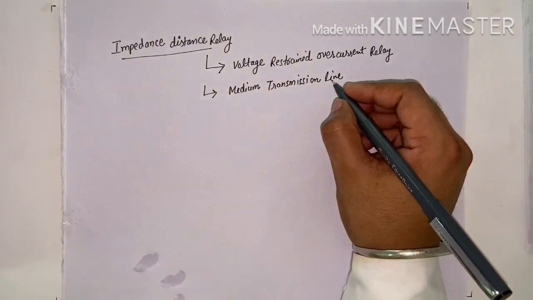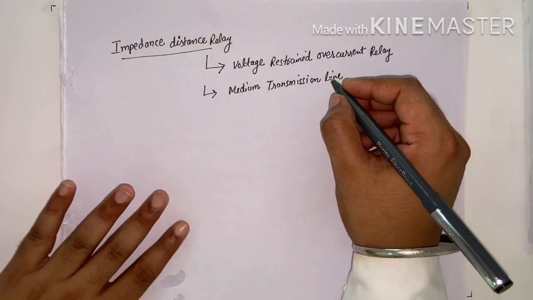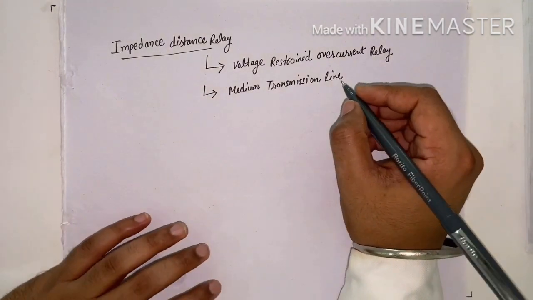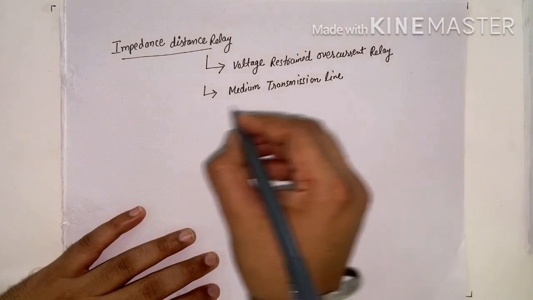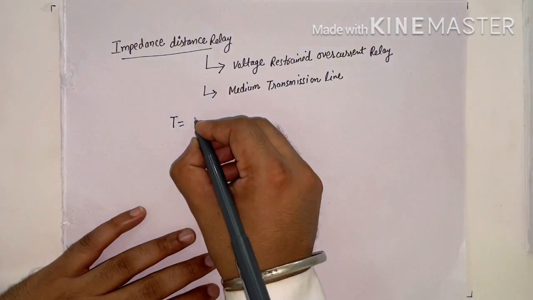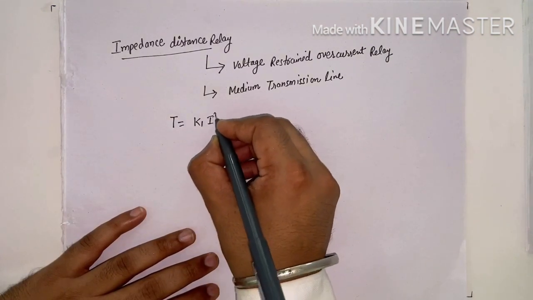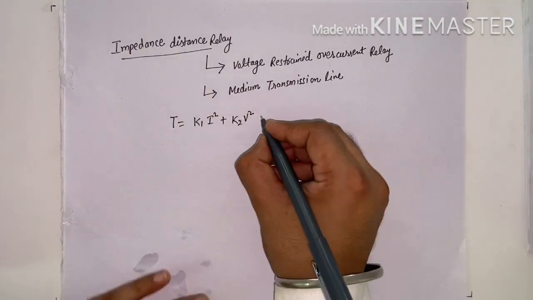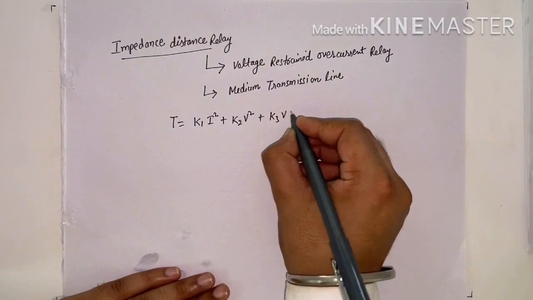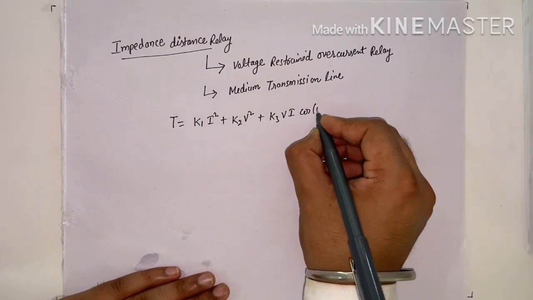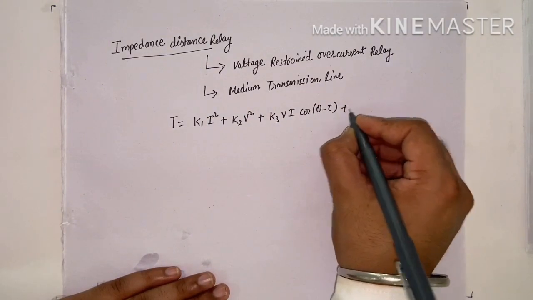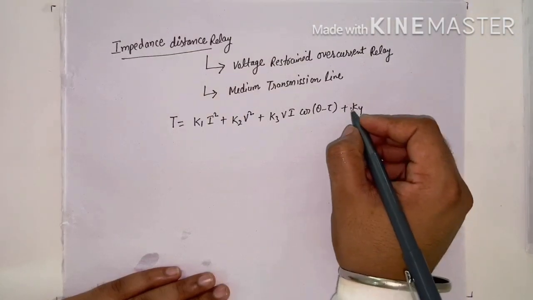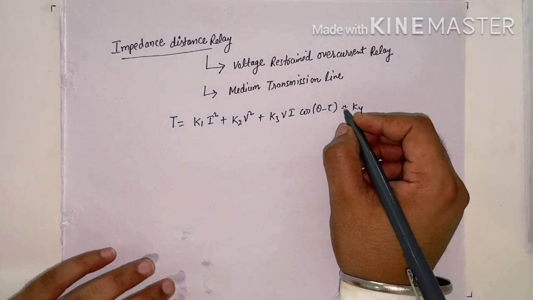Now we will see what the equation of torque is in the case of the impedance distance relay. The universal torque equation is T = k1 I² + k2 V² + k3 VI cos(θ − τ) + k4. This is the universal torque equation.